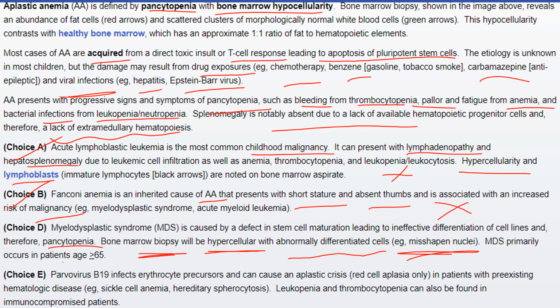MDS primarily occurs in patients of age greater than 65 and not in younger persons. In choice E, parvovirus B19 infects erythrocyte precursors and can cause aplastic crisis with red cell aplasia only. In patients with pre-existing hematologic diseases, for example sickle cell anemia or hereditary spherocytosis, leukopenia and thrombocytopenia can also be found in immunocompromised patients.